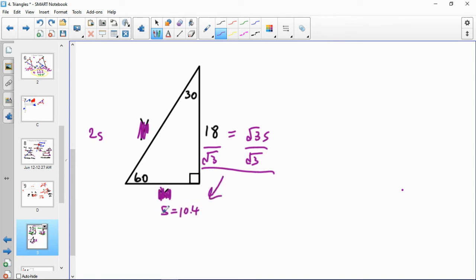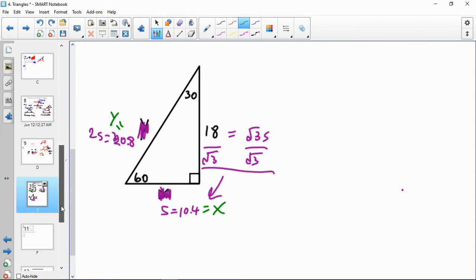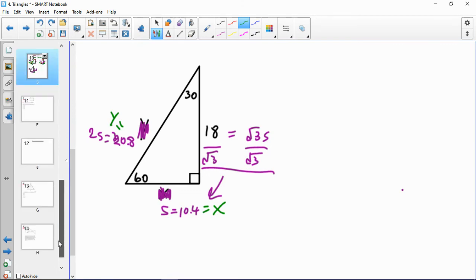Now that I know S is equal to 10.4, then 2S must be 20.8. Then I go back and say, okay, x is equal to 10.4 and y is equal to 20.8. That's a really effective way to use your formulas to do 30-60-90s really quickly.